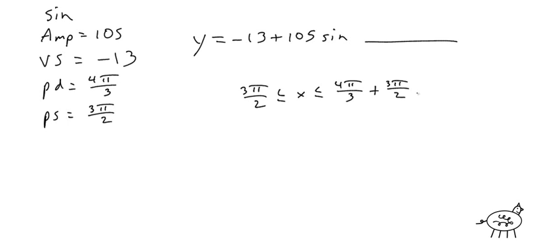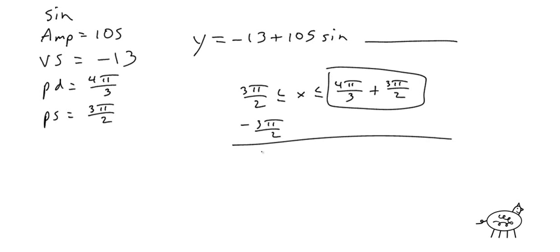Let's just keep it that way. Because what do I have to do next anyway? Do I have to subtract 3 pi over 2? So why combine these when I'm just going to subtract 3 pi over 2 anyway? So if I subtract 3 pi over 2 from all sides, I get 0 less than or equal to x minus 3 pi over 2 less than or equal to 4 pi over 3.